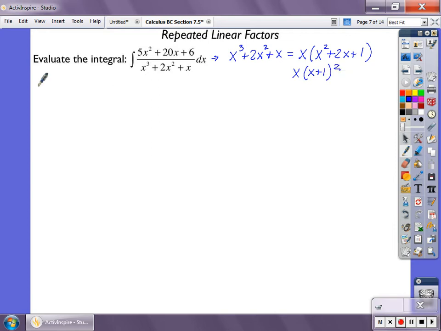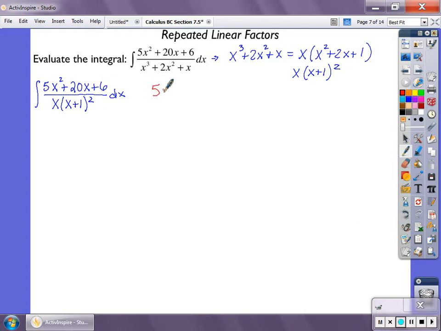And so what we're going to do is say that the integral of 5x squared plus 20x plus 6, I'm going to go ahead and write that as over x times x plus 1 squared dx. That's what we're actually going to do, and we're going to now use partial fraction decomposition.